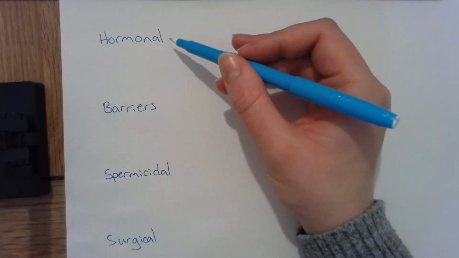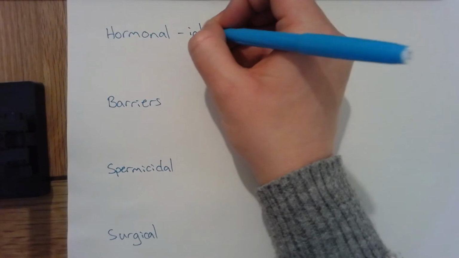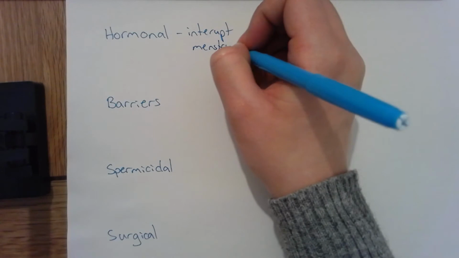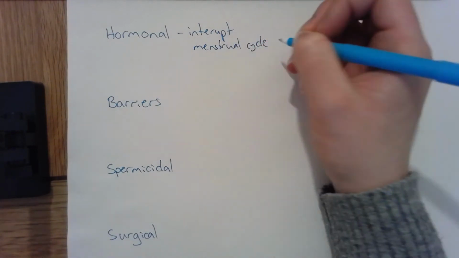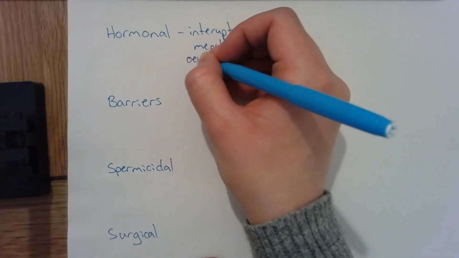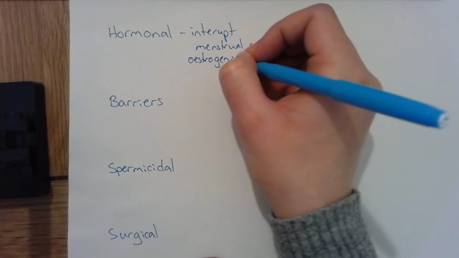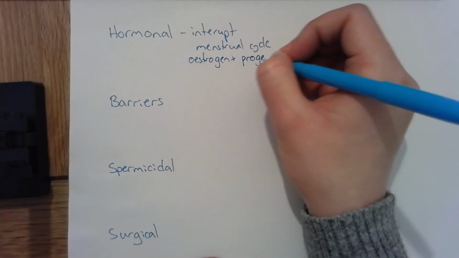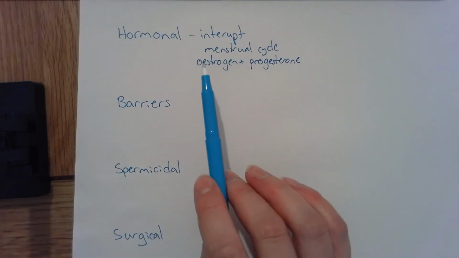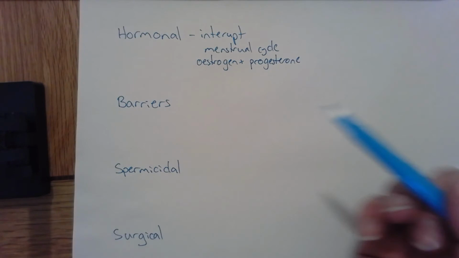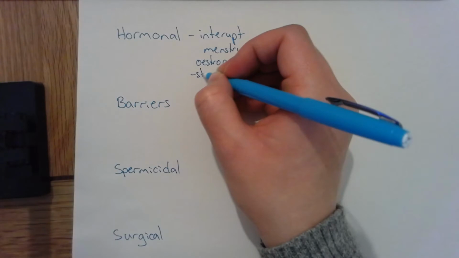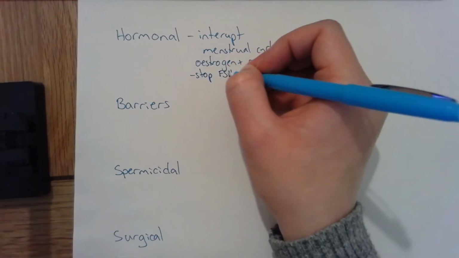So hormonal methods interrupt the menstrual cycle. They contain either a combination of estrogen and progesterone, or some contain just progesterone. Basically they stop there being an egg available to fertilize. If there's no egg, there can be no pregnancy. So they stop FSH, so there's no egg maturing.